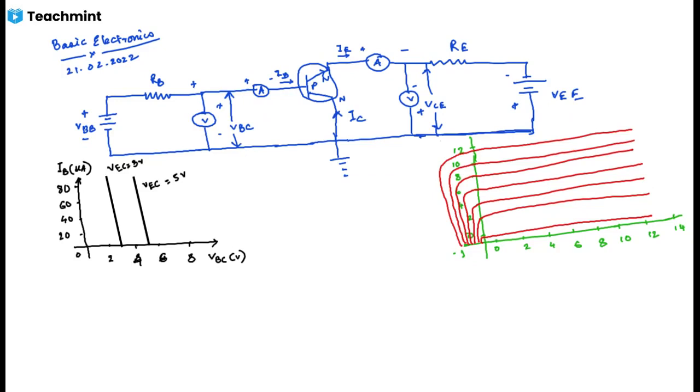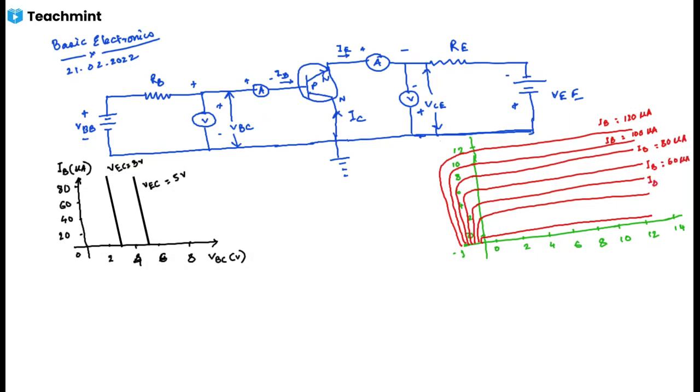So like this, the curve will be, this will be the value of IB. IB equals 120 microampere. IB equals 100 microampere. IB equals 80 microampere. IB equals 60 microampere.